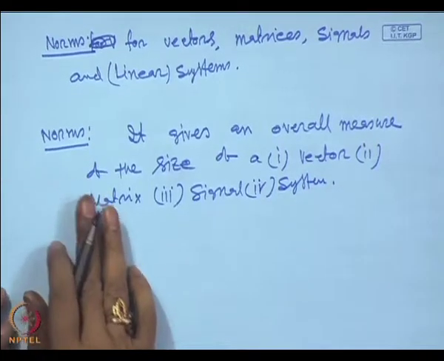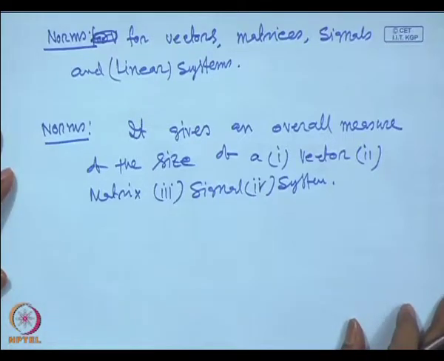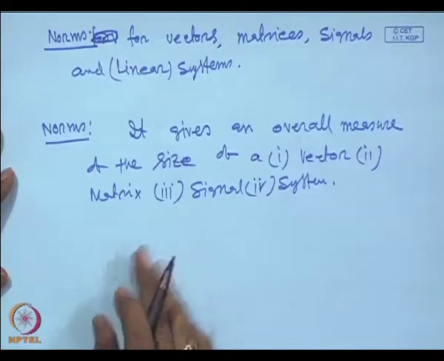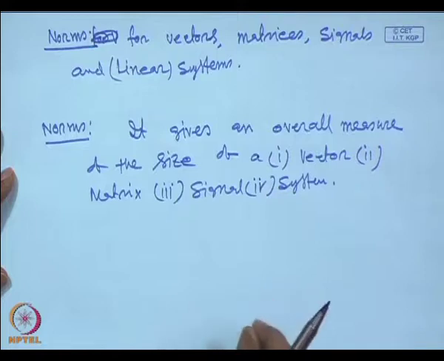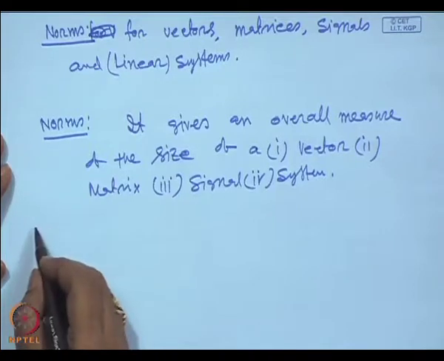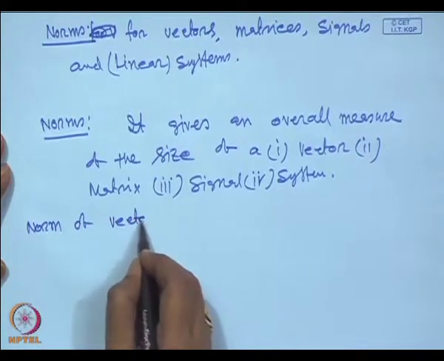This norm is often useful for analyzing the growth of numerical errors involved in the iterative process. Okay. So, let us call it the norm of vectors.